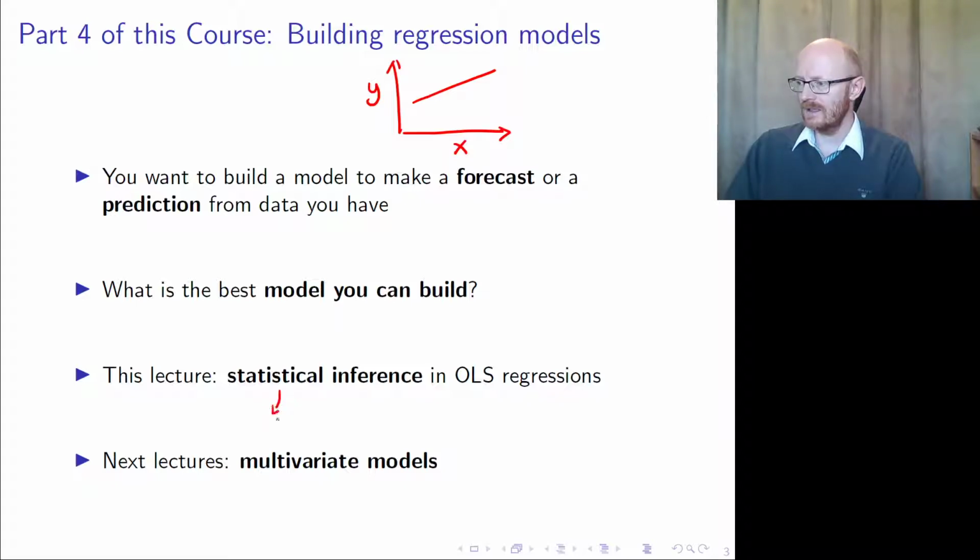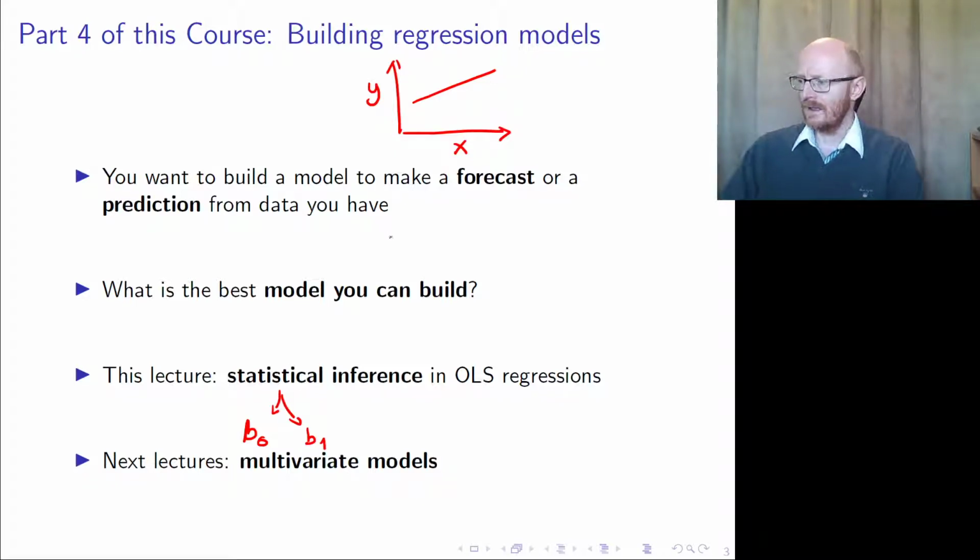Because we're looking into the intercept and the slope, and we are going to look into how much confidence we can have in these parameters, such that we know whether or not we can use the model.